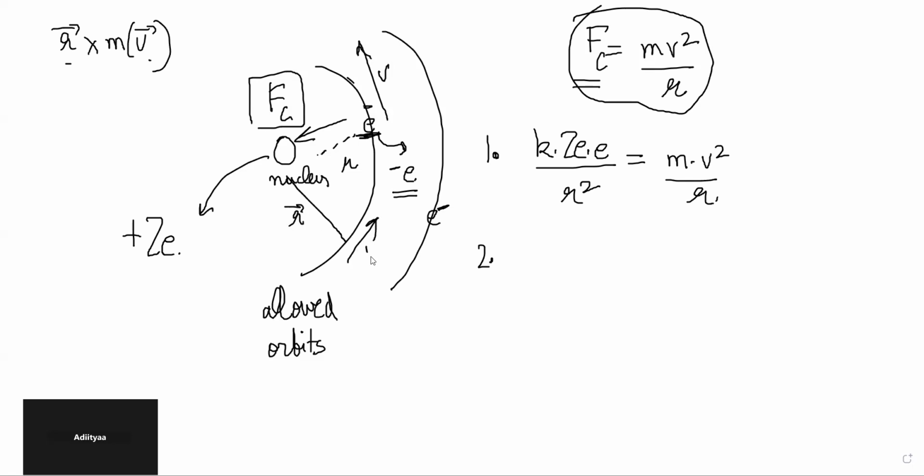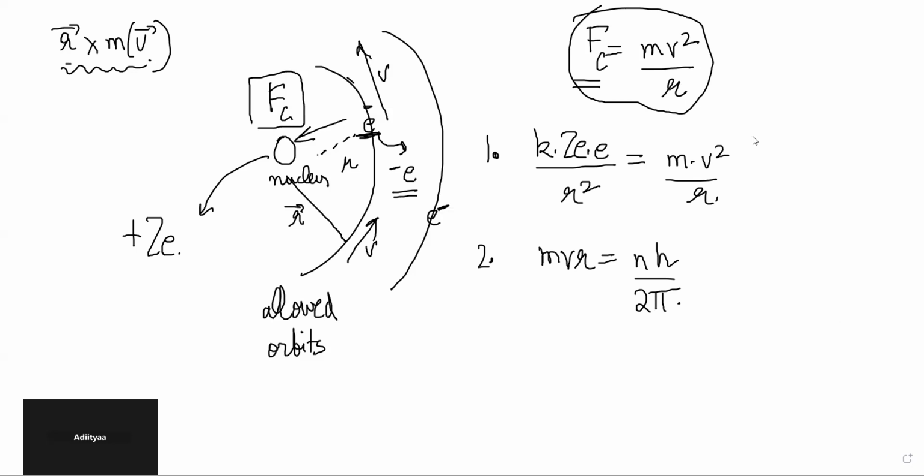Do you see this? So the angular momentum will be perpendicular to the plane, along the vector direction. We don't have to worry about the vector sign. The overall angular momentum will simply be mvr in magnitude. That mvr should be nh by 2 pi according to Bohr's model, right?